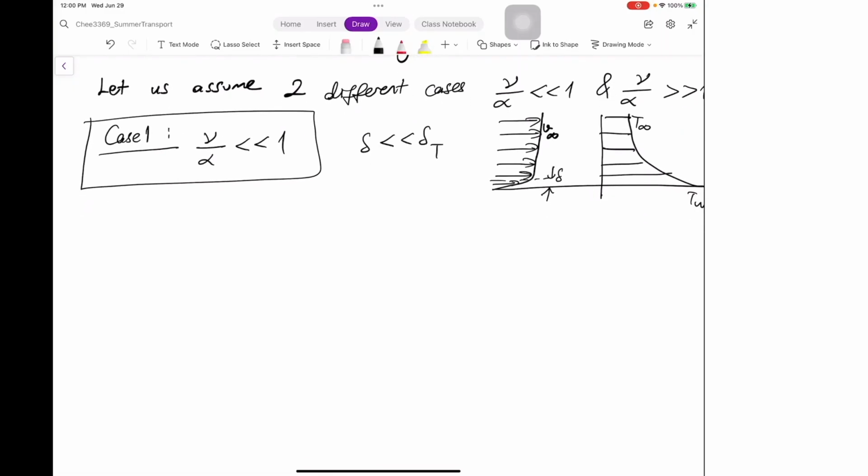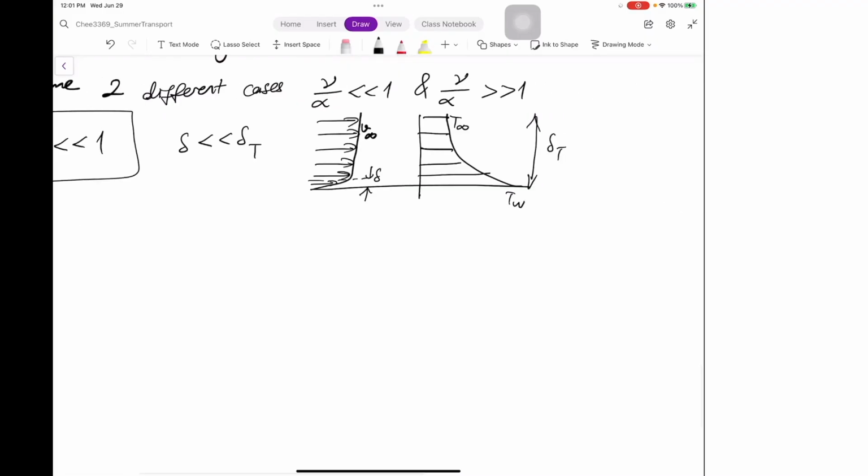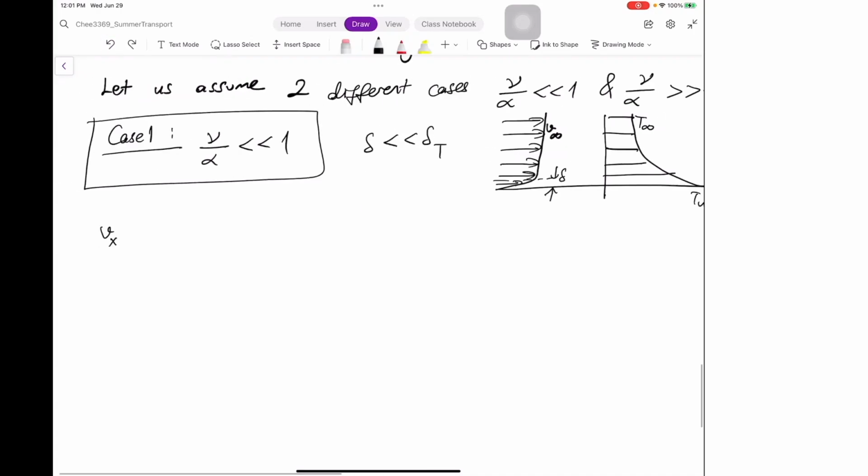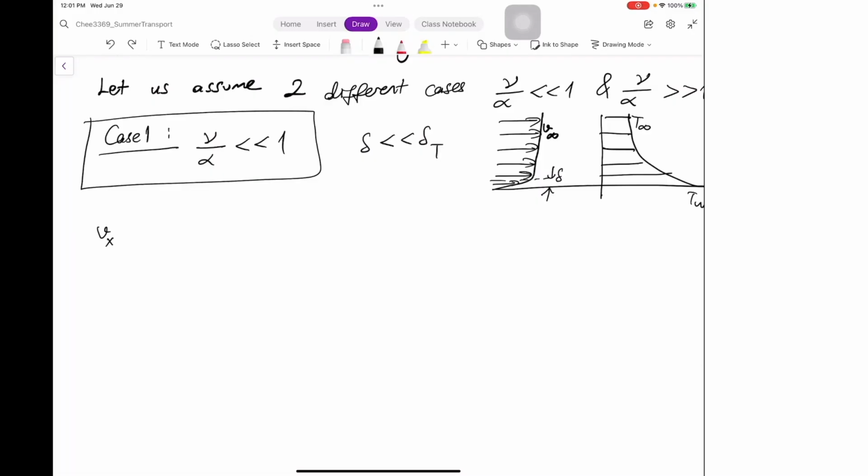Vx. So one assumption you can make here is the following. For most of the thermal boundary region, the velocity can be approximated as constant V infinity. That's a legitimate assumption, right?